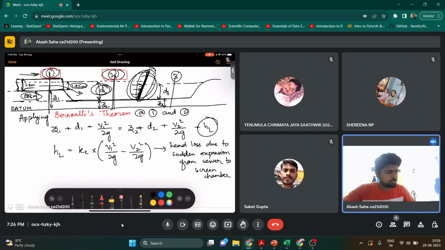Because of this sudden expansion, there is some loss. And here the KE value, which we generally take, is 0.3. I hope you have noted this down.